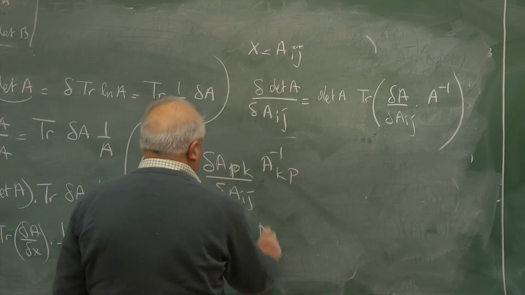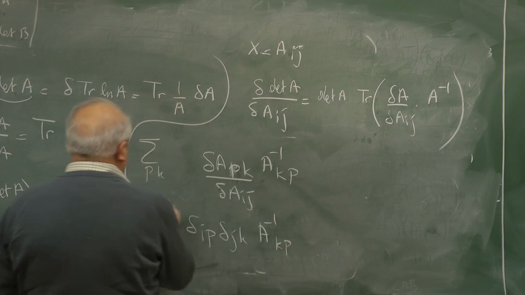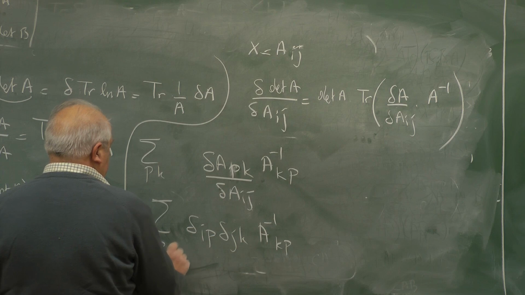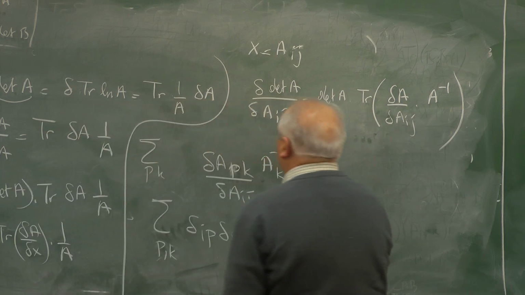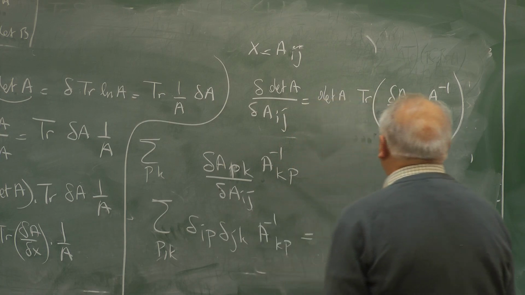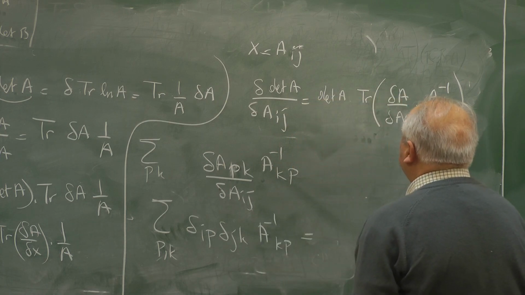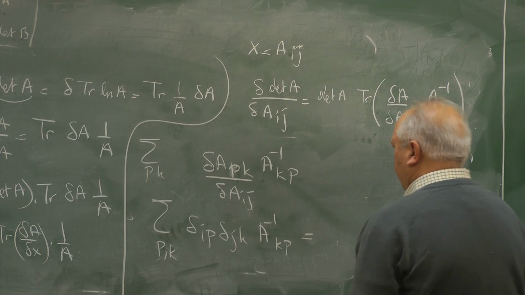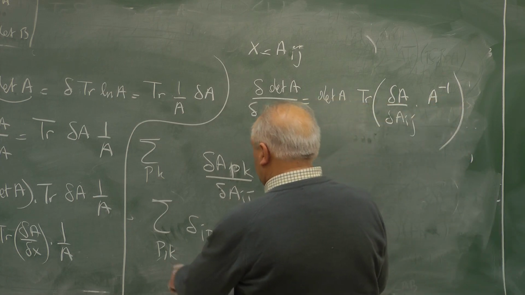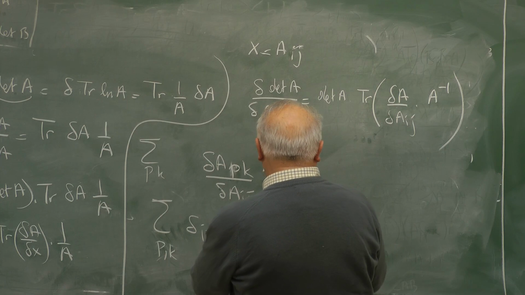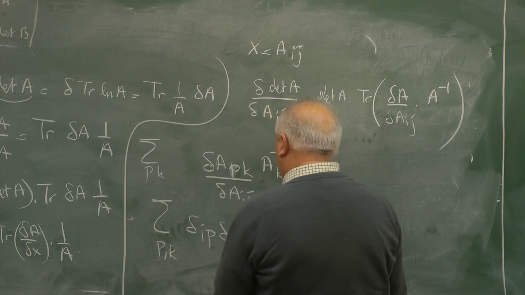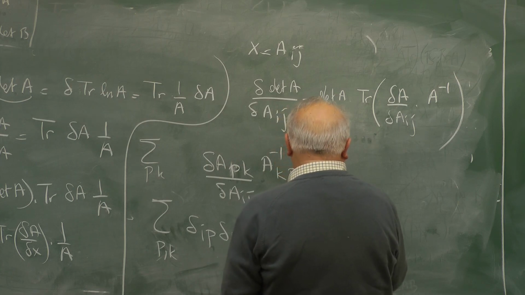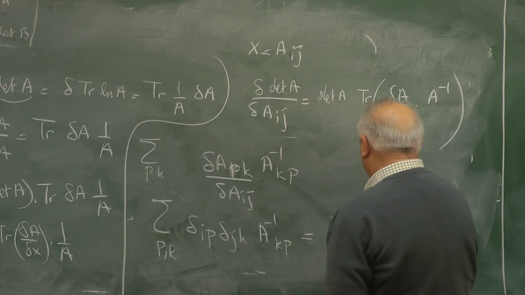Then we have A minus 1 KP, sum over P and K. That's equal to, P will be equal to I, so I have A minus 1, and K will be equal to J. So this is the only thing that survives.